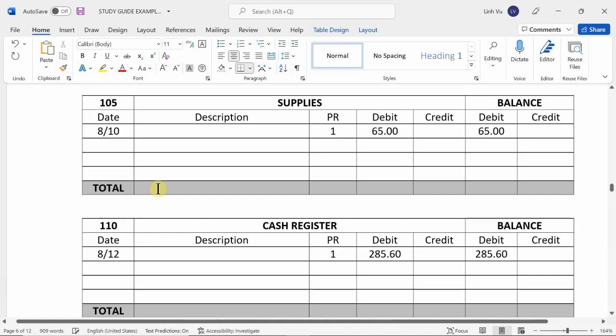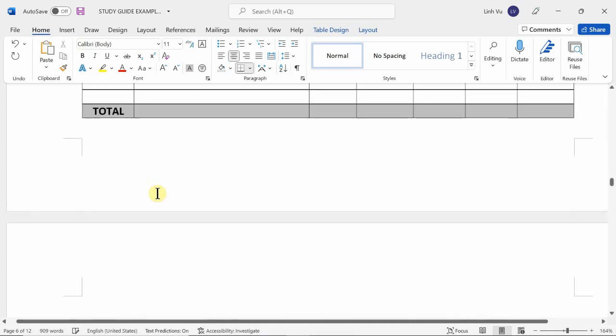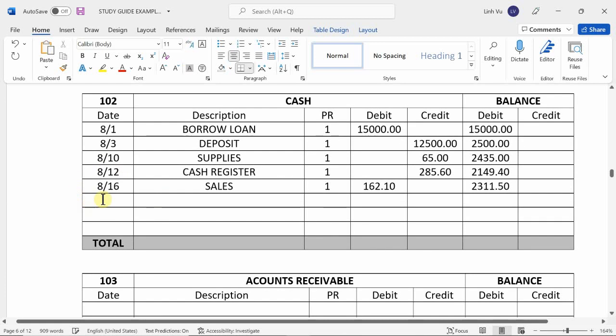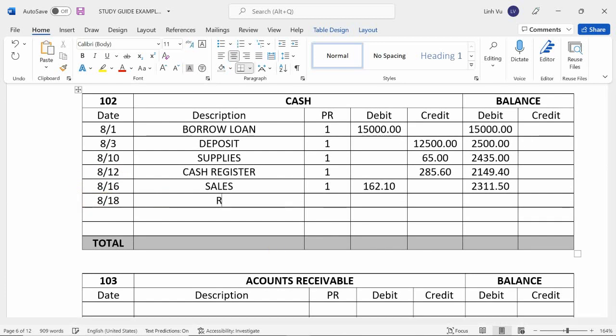And of course, you're going to also decrease your cash account by $19.45.